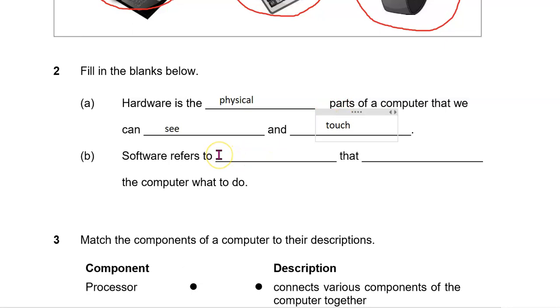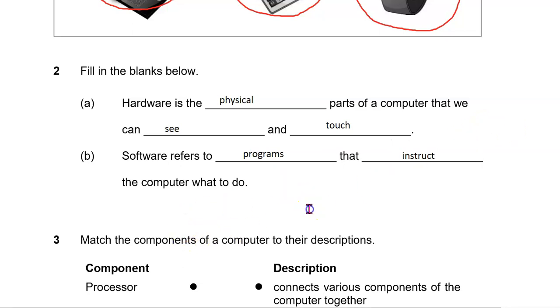Part B, software refers to programs that will tell the computer what to do, right? So in this case, we will type: instructs, programs that will instruct the computer what to do.